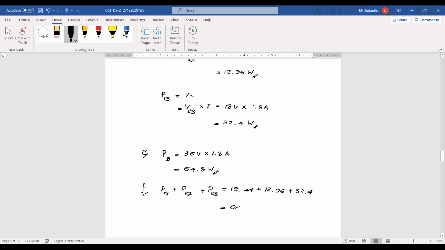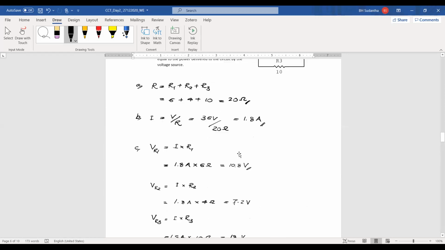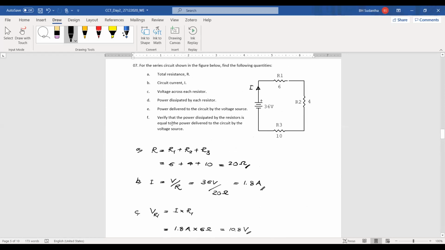Then this is 64.8 watts. These are the individual contributions from each and every resistor R1, R2, R3. These are the power consumption. When we add these three things together, this is the total power consumed by these three components. And when we find the total power the battery delivered to the circuit, those two are equal. Then we can say the power consumed by the resistors is equal to the power delivered to the circuit by the voltage source.